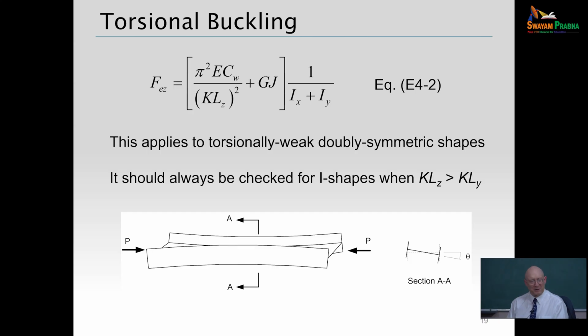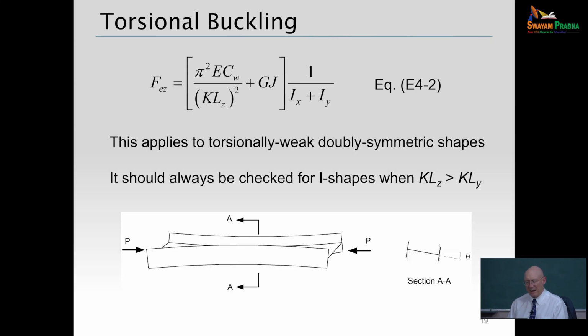But torsional buckling is something that you could have trouble with sometimes. The mantra is that if you have KLZ larger than KLY, you better check it. If KLZ is equal to KLY or somehow less than KLY, you don't need to bother.